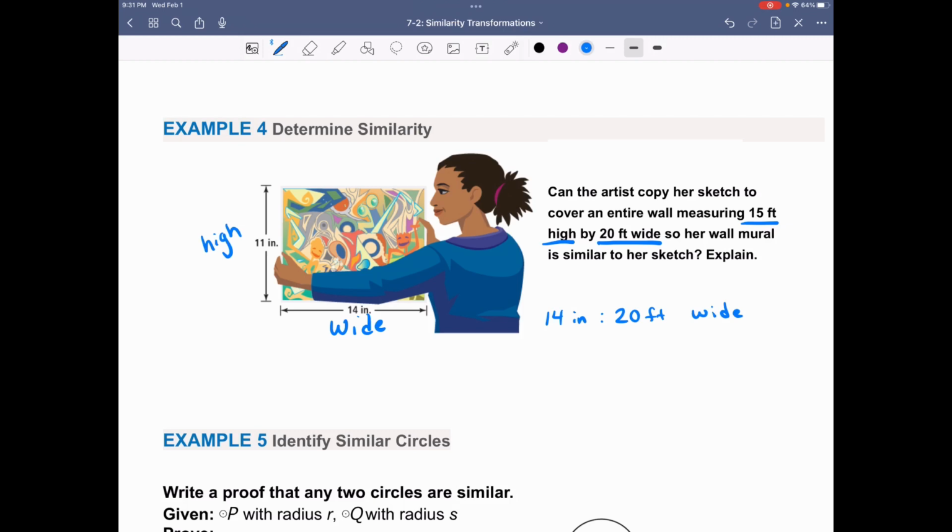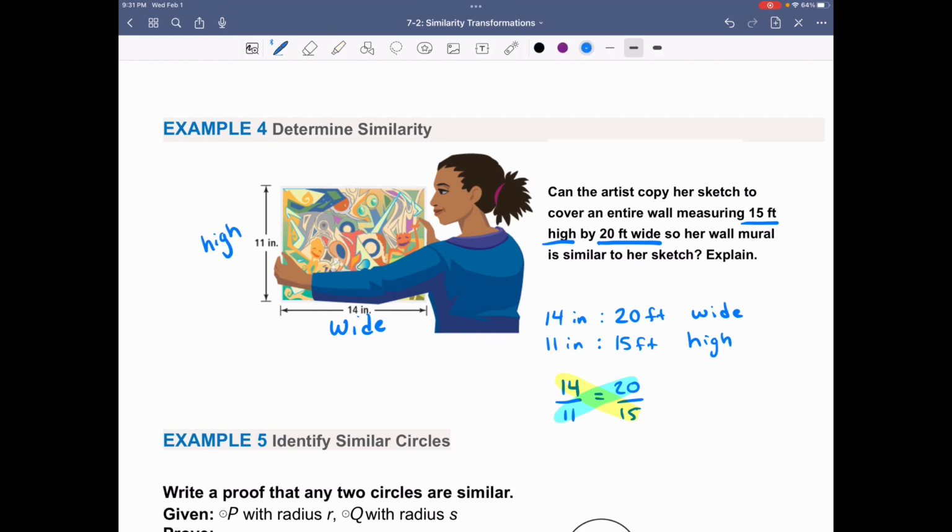So we would compare 11 inches to 15 feet, because that's talking about how high the mural is. Now we have a proportion, so we can set this up as two fractions or ratios equal to each other, and we can cross multiply, and if the cross multiplications are equal, then it's a proportion.